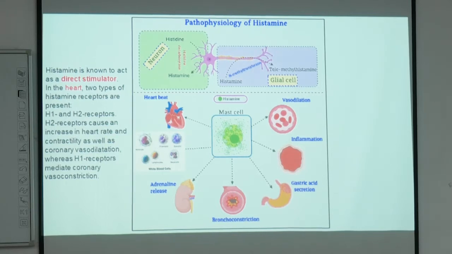So histamine has a specific role in inflammation, in gastric acid secretion, in bronchoconstriction. So in the disease asthma, is there bronchoconstriction or bronchodilation in the patient? Constriction.